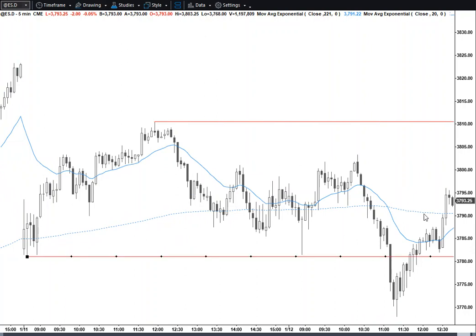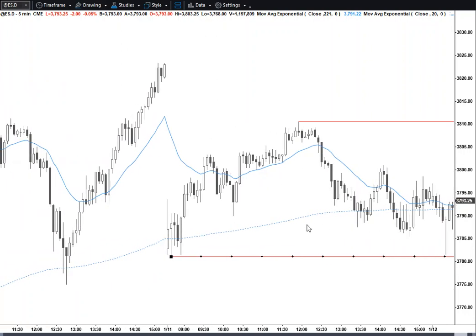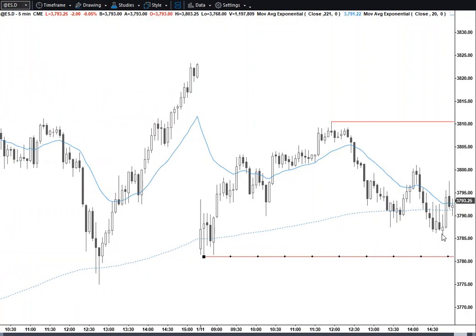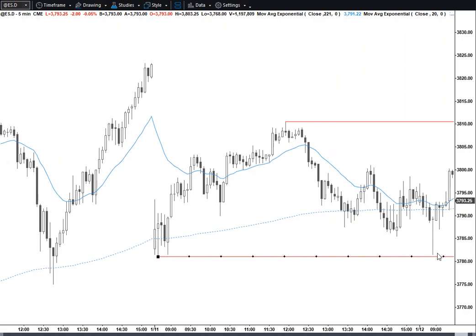Broke below yesterday's high, reversed up. So in a trading range, you always got to be suspicious when you get a high and lower highs. But same thing over here. Low, higher low. Maybe a higher low here.